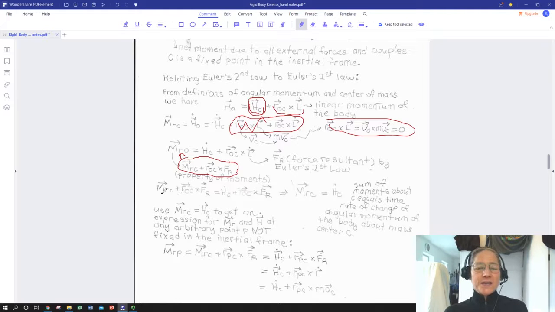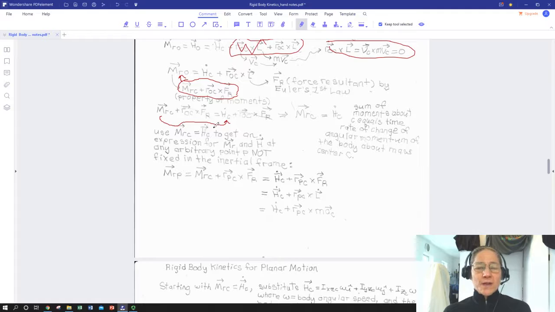So we end up just getting the resultant moment about the center of mass being equal to the time rate of change of angular momentum considered at the center of mass, which is really just the simplest portion of this overall expression. So it's just that rigid body portion of the expression. All we did was use some algebra and shift the point of rotation that we're considering, and then use the definition of moment that we learned in statics to write this moment about a different point.